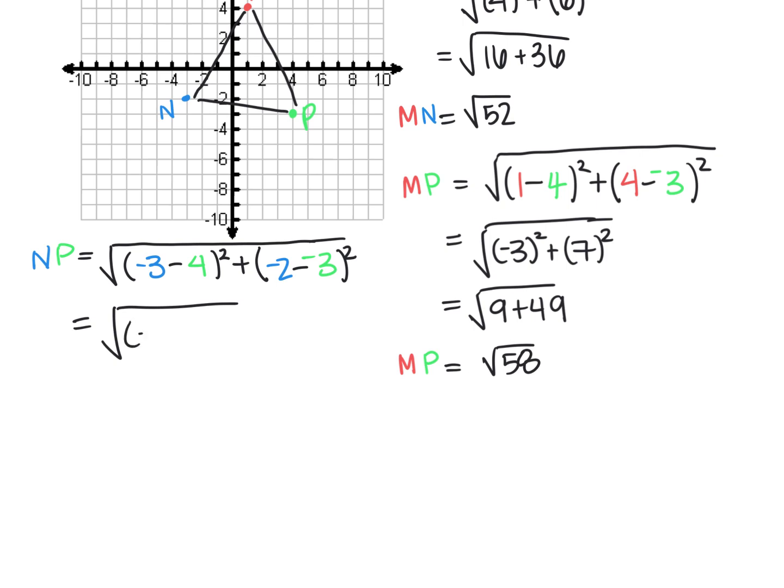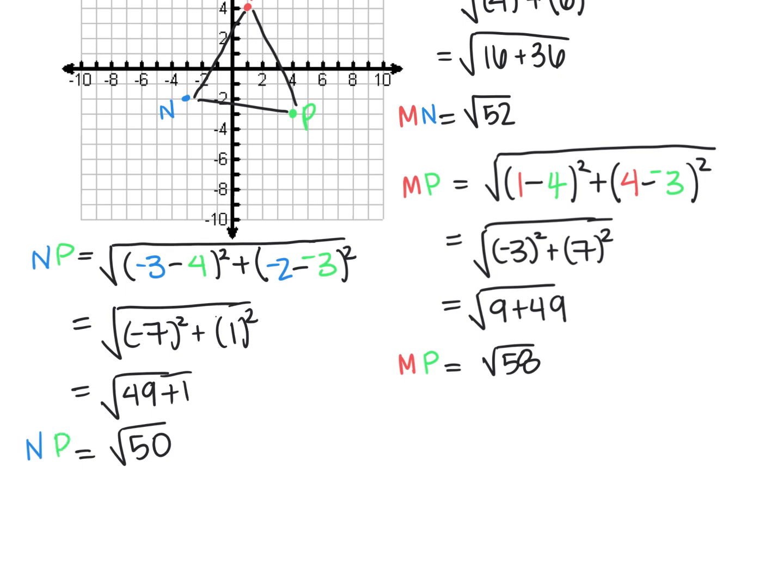So we're going to get -7 squared plus 1 squared, which is 49 plus 1, which is the square root of 50. So square root of 50, square root of 52, and square root of 58 are all different.